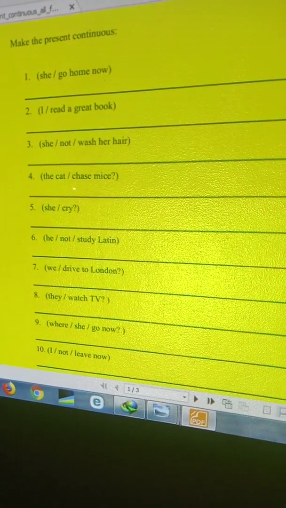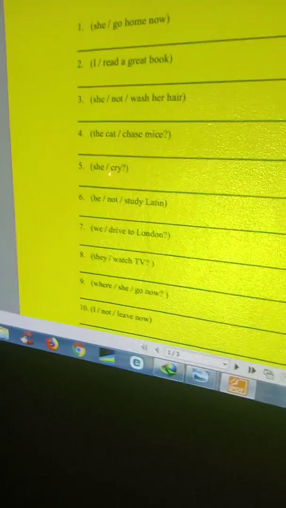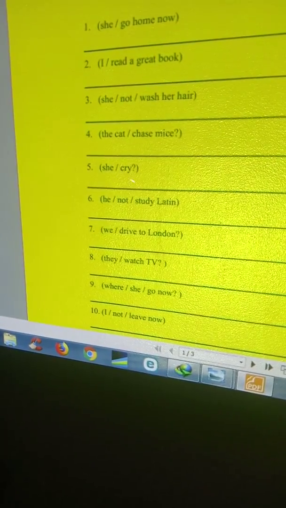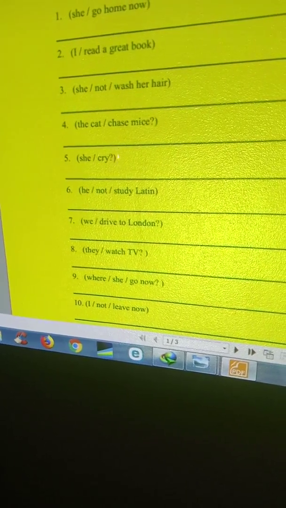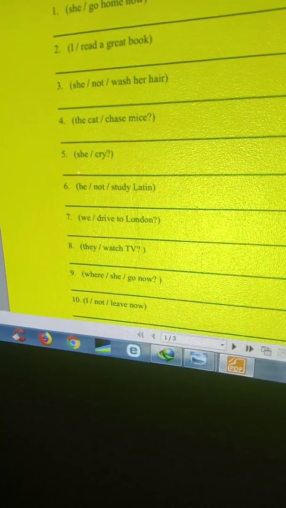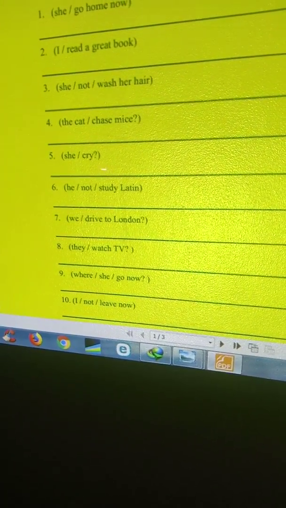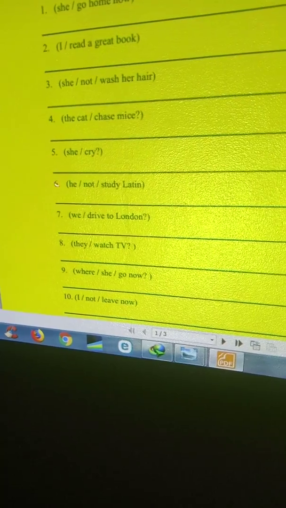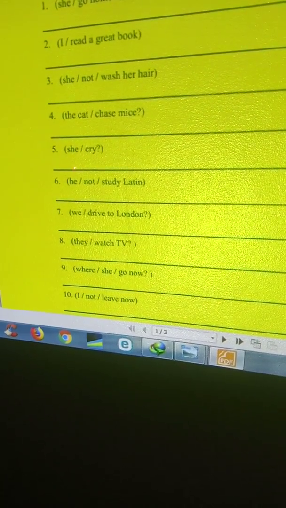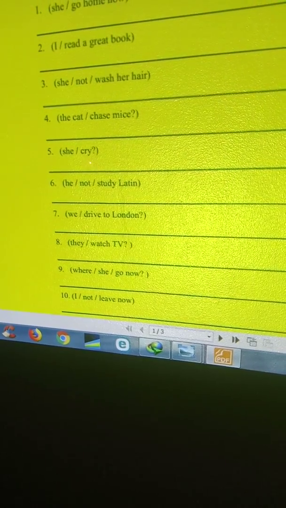Okay? Now, look at sentence number 5. "She cried." So it's also in the interrogative. What are we going to say? "Is she crying?" Is, verb to be, plus she, which is personal pronoun, plus cry, which is the verb, plus ing.